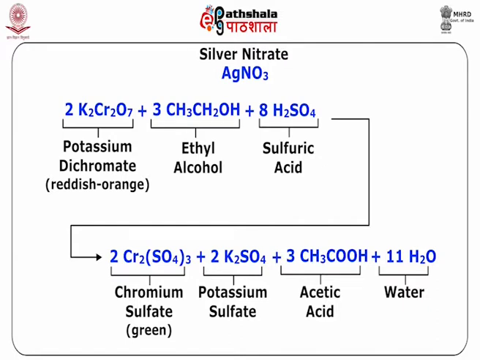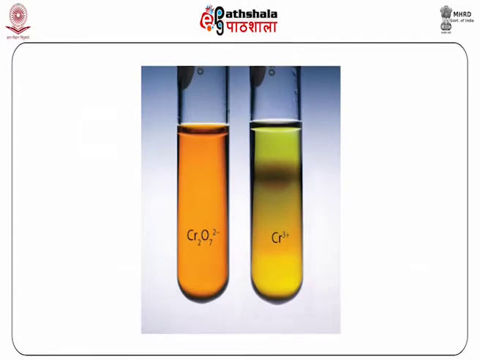AgNO3 catalyzes the rate of this reaction and does not undergo any change. Potassium dichromate is an orange colored compound which absorbs visible light in the wavelength region of 420 nanometers.